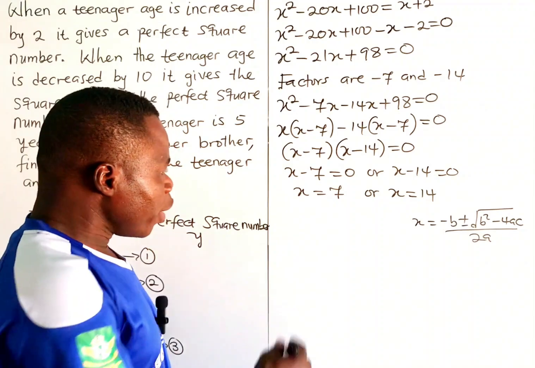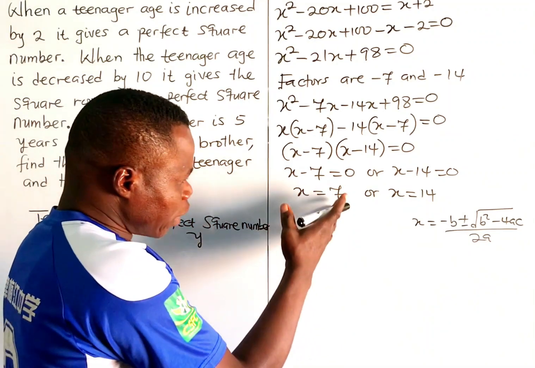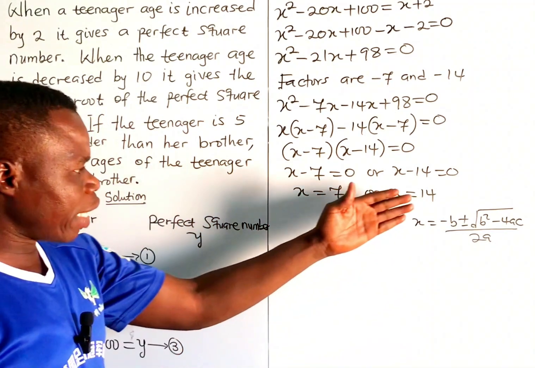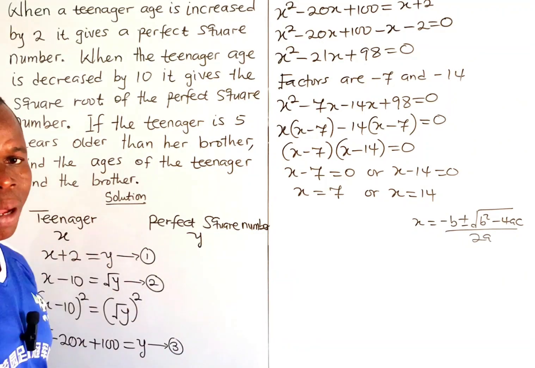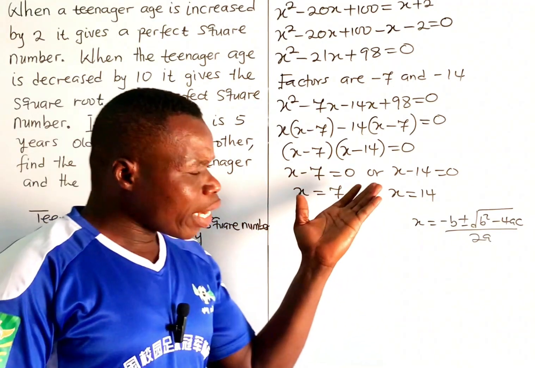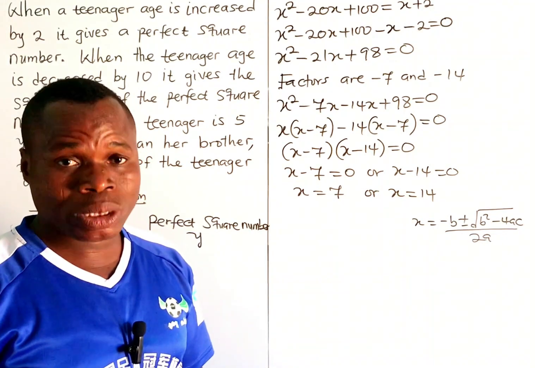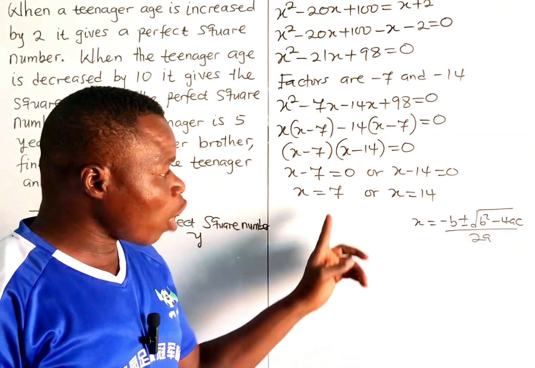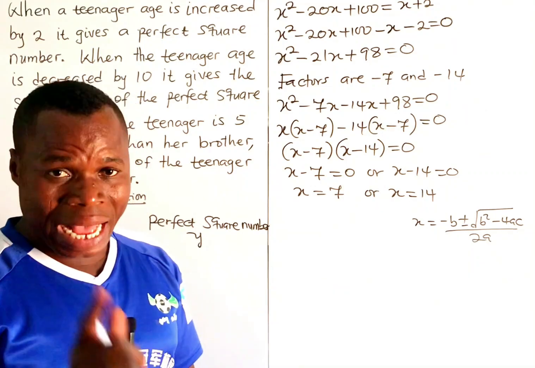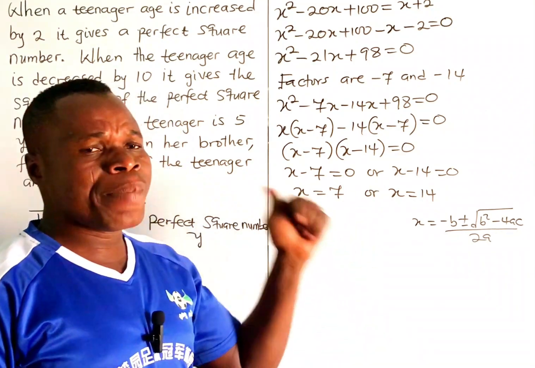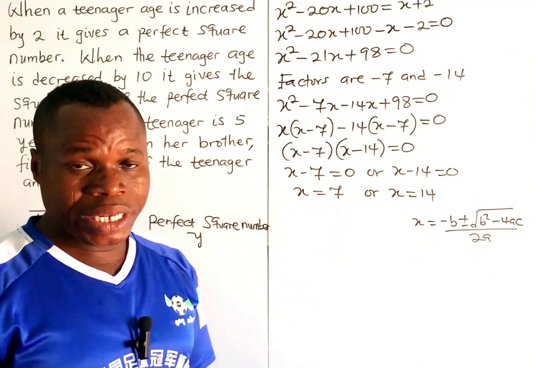So now, our x is 7 or 14, but we are saying that let x be the age of the teenager. And you can see that a human being cannot have two different ages. It's impossible. So that means that one of these is supposed to be the right answer. Then you pick the right answer based on the condition given in the question.